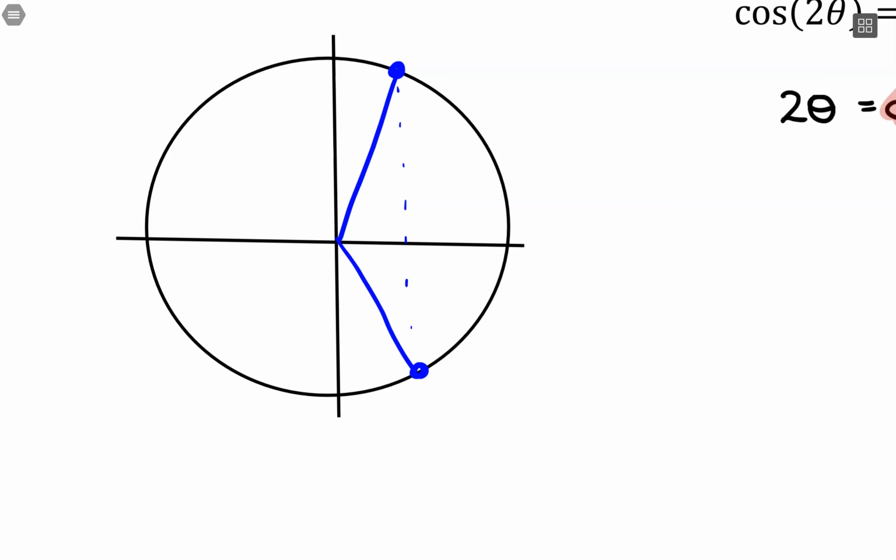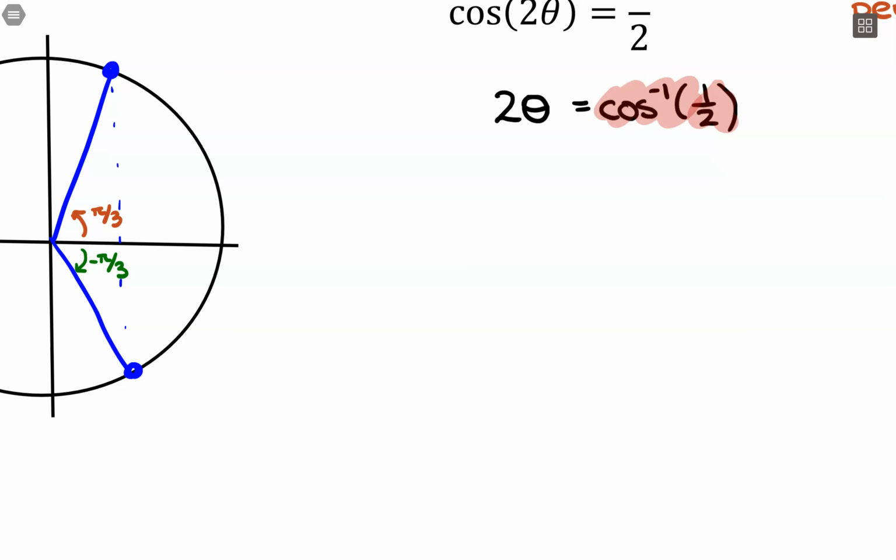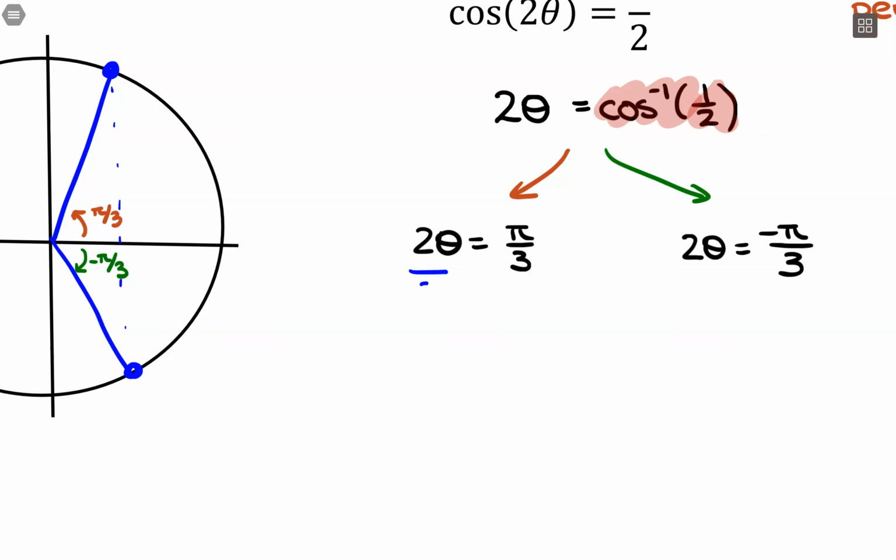So I'm seeing a positive pi over 3 and a negative pi over 3. With that, I can go into these two solving scenarios: 2 theta is equal to pi over 3, or 2 theta is equal to negative pi over 3. And then to solve for theta completely, I'm going to divide both sides by 2. That gives me that theta can be positive pi over 6, or theta can be negative pi over 6.